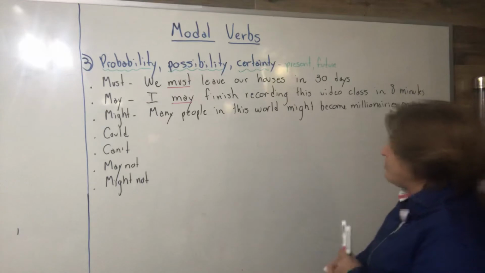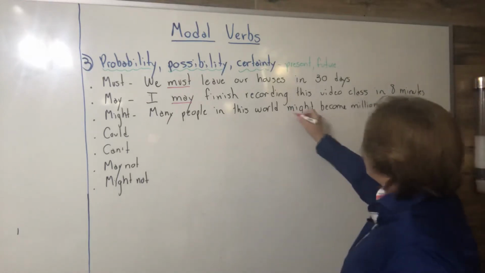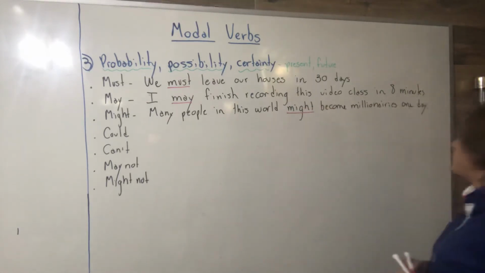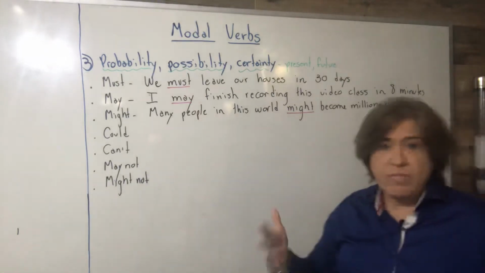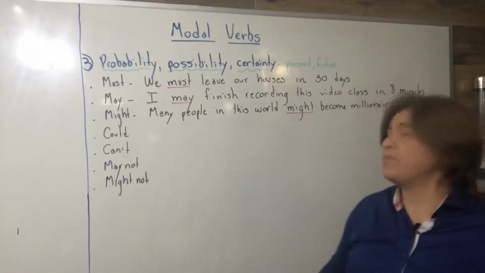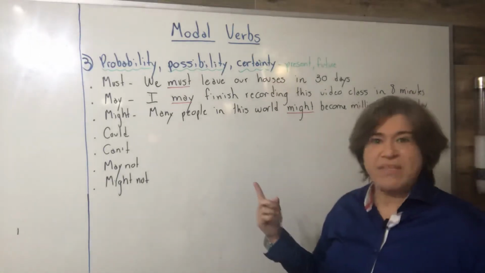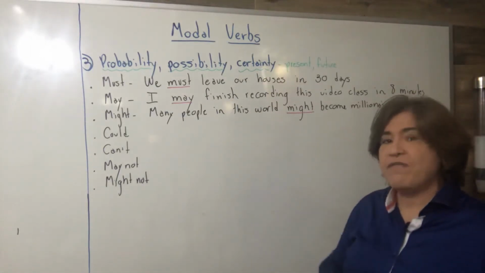All right, so teacher is using many people in this earth might become millionaires one day, okay? So it's a probability of 25% chance, because teacher said many people, I should say a few.